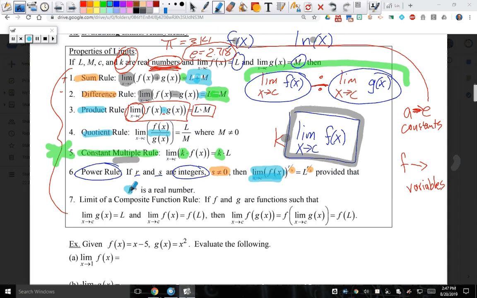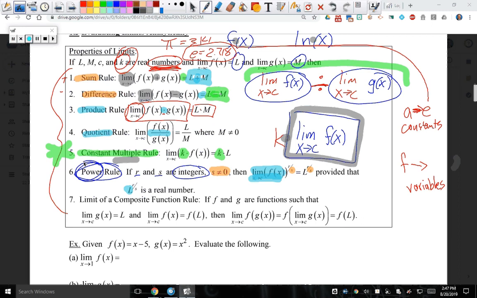So the r divided by s almost feels like the constant multiple rule. You're pulling it away from the function, you solve and you get L, and then you bring it back, but you're not going to multiply by r over s. You're going to use it as the power you raise it to. Are y'all with me? So that's the power rule for limits.